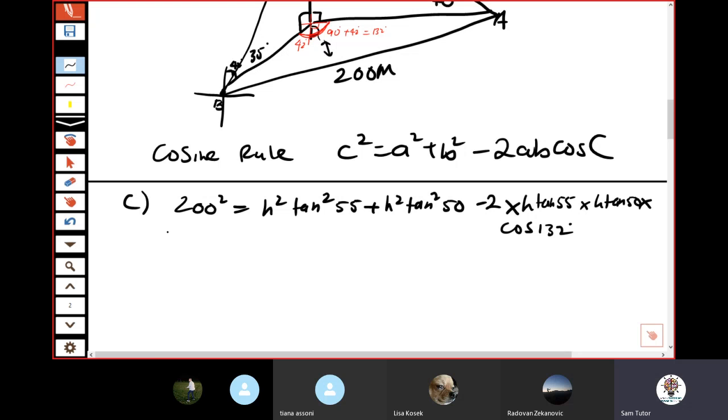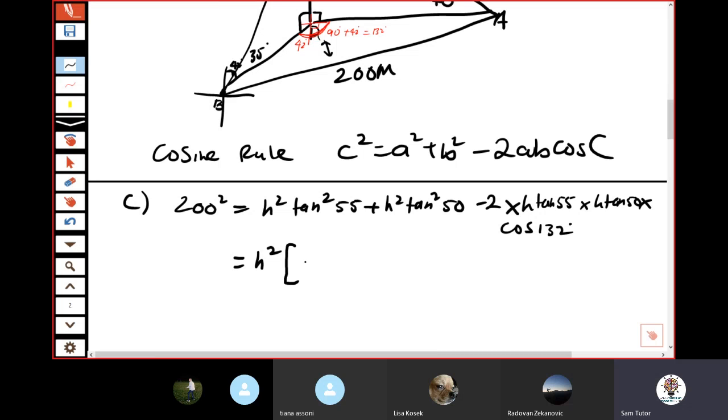So what I need you to realize is the next line, just like we did before, we're going to factorize our h squared out. H squared is there, h squared is there, and h times h would give me h squared in this whole expression.